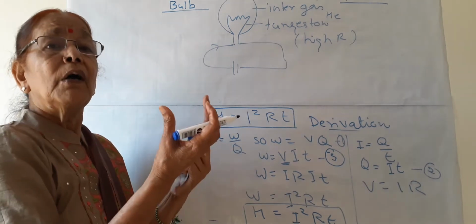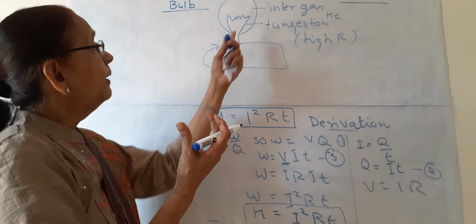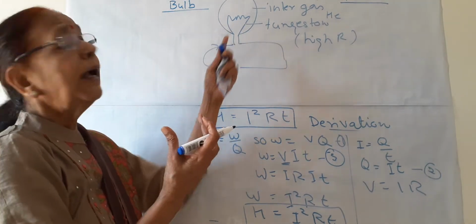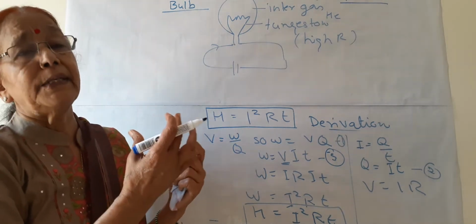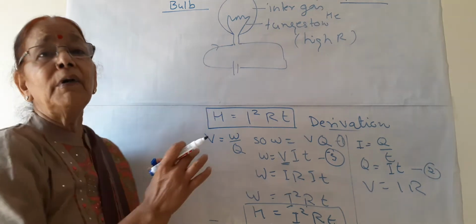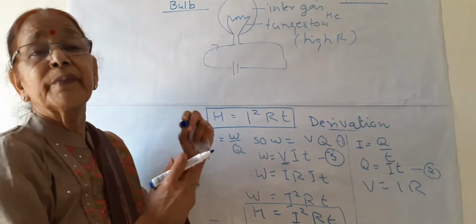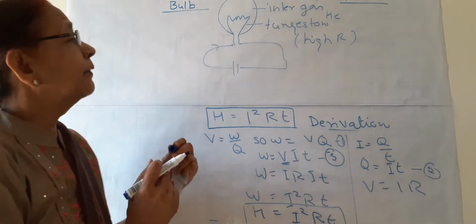It becomes hot and the color is white hot, heated up to around 2000 degrees Celsius, and a part of this heat changes to light, and we have a glowing bulb and can get light from this bulb. And this is the heating effect of electric current.